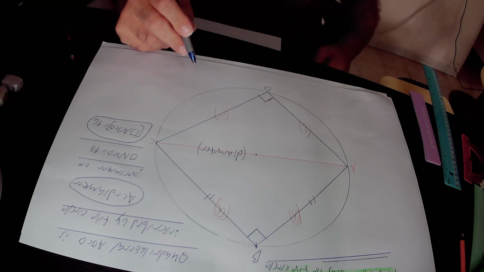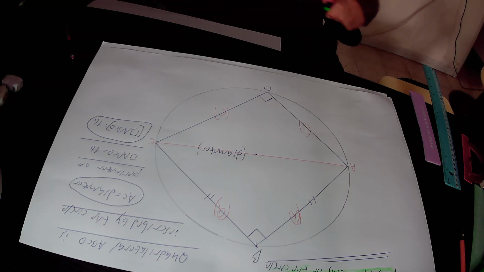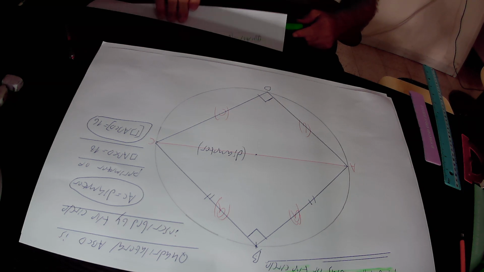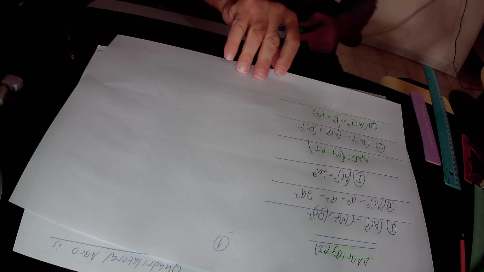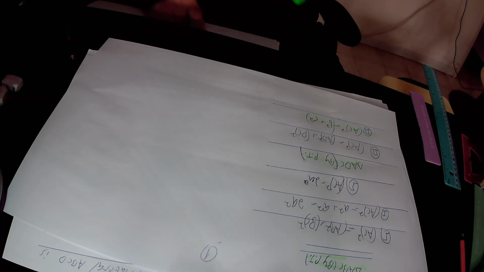DC is C, therefore DC squared is C squared. So in total, according to equation 2, we found out that AC squared equals B squared plus C squared.